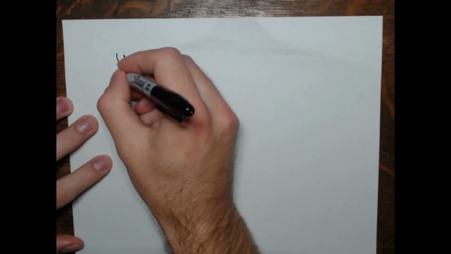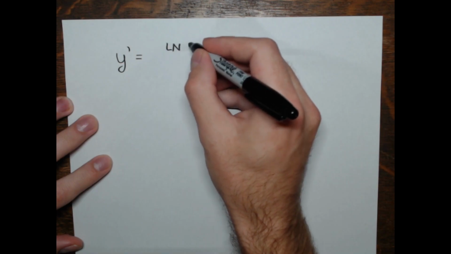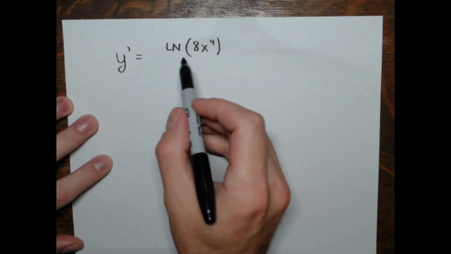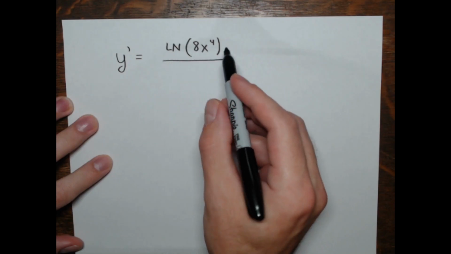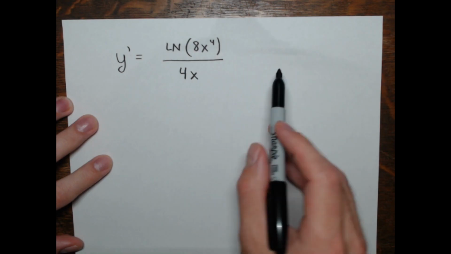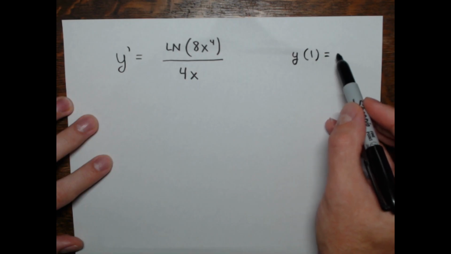So here's the equation. Y prime equals the natural log of 8x to the fourth divided by 4x. And the condition is the value of y when x equals 1 must be 0.